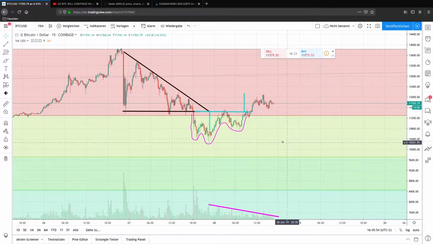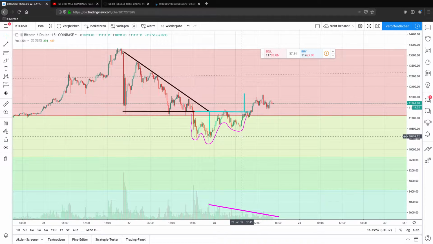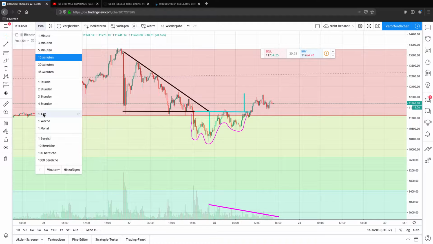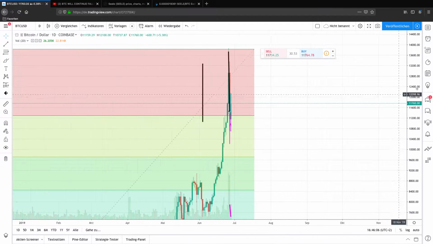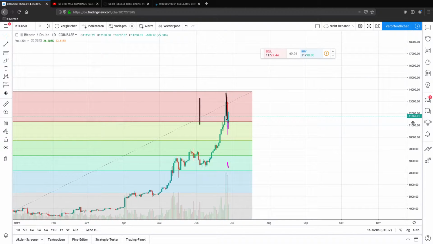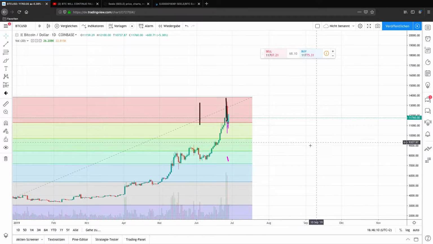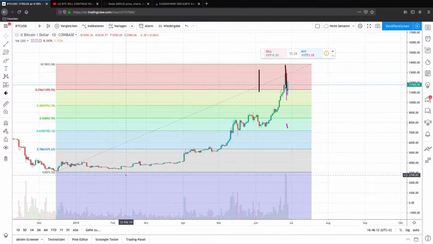And the third information I'm using is the Fibonacci Retracement tool, and this is the 61% level. Now when I zoom out, you can see that I've been starting by the bottom up to the highest point of the last parabolic movement, and this shows me that the 61% level is somewhere around $7,200.